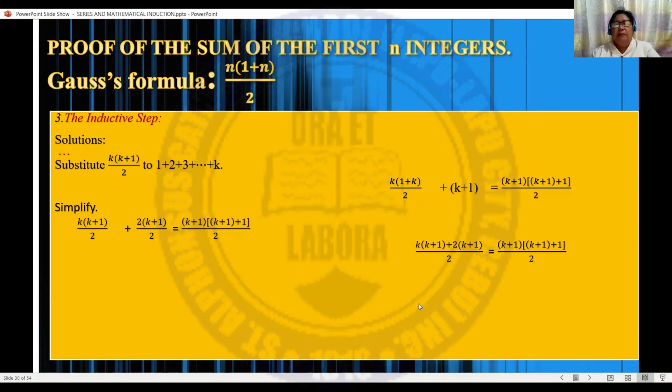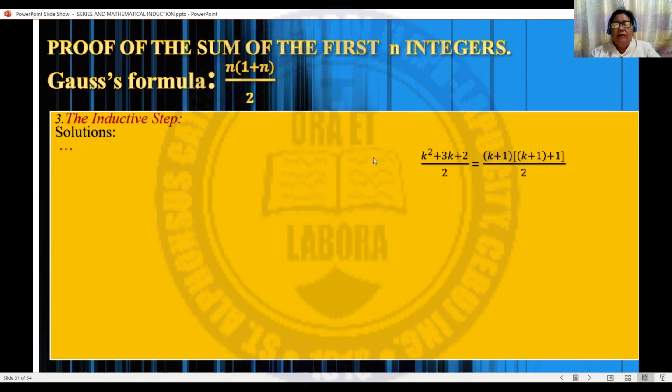And then you distribute k to k plus 1, so we have k squared plus k, plus distribute 2 to k plus 1, so 2k plus 2 over 2. And then k plus 2k is 3k, so we have k squared plus 3k plus 2 over 2.